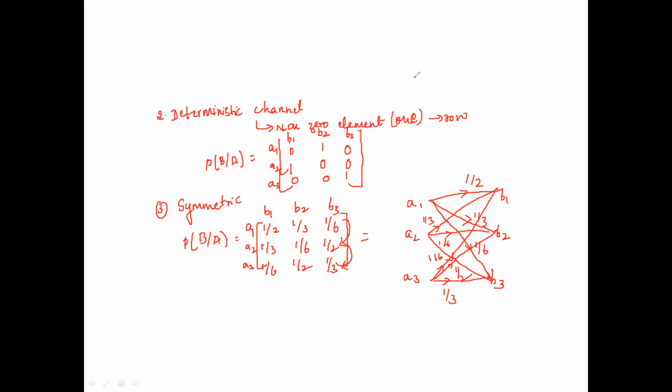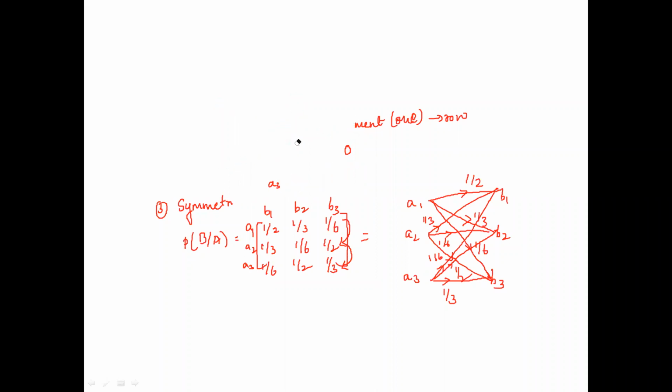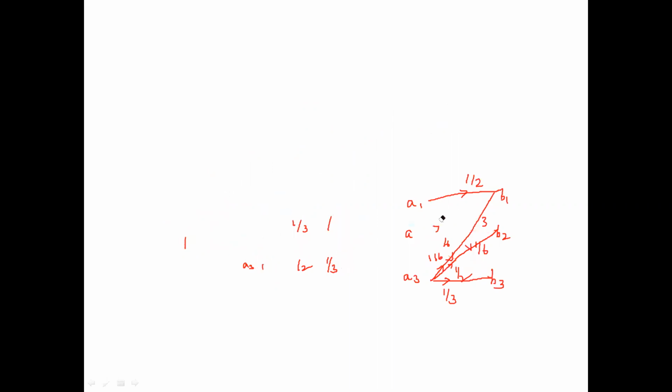So next, the types of channel we have are the binary symmetric channel and the binary erasure channel. What do we mean by a binary symmetric channel?